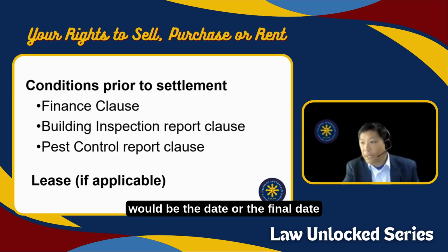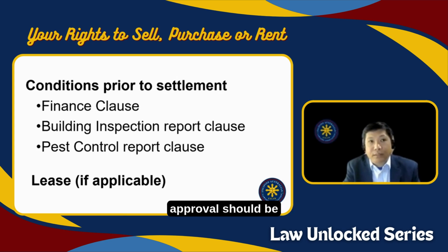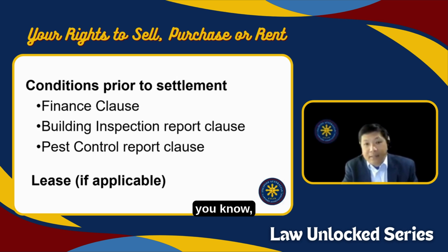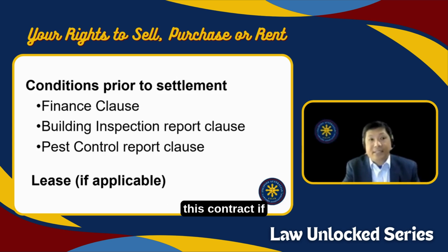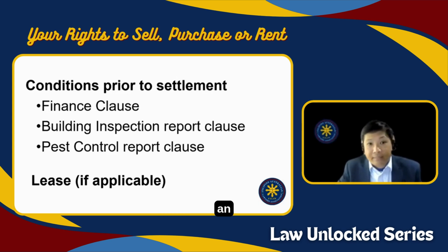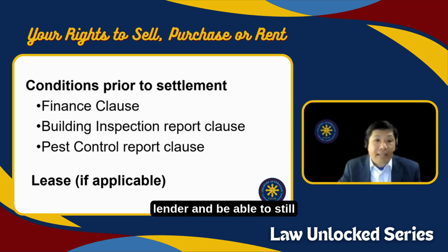And three would be the date, or the final date, where the unconditional approval should be received by the buyer. Before this date, the buyer can still cancel this contract if they're not able to get an approval from their lender and be able to still get back their deposit.